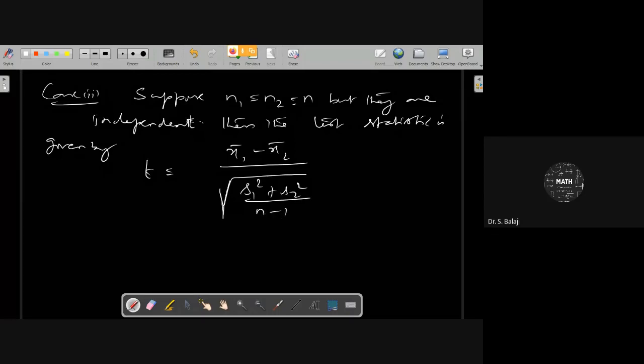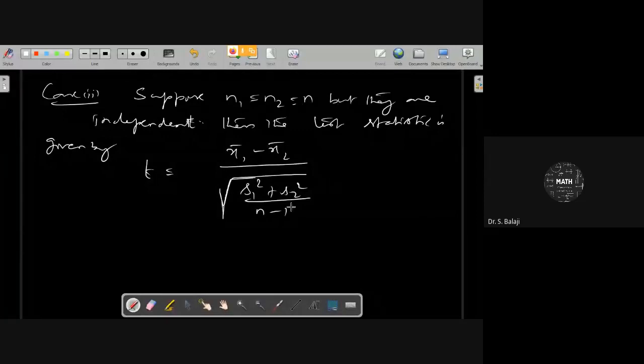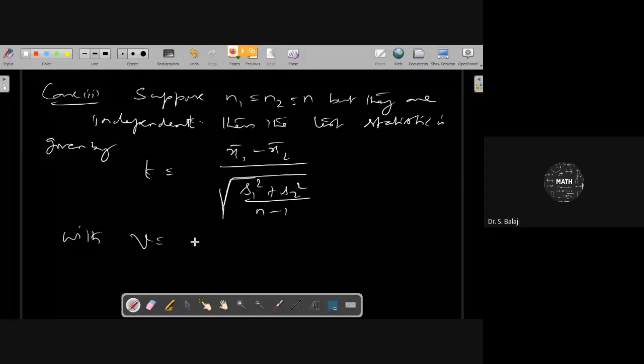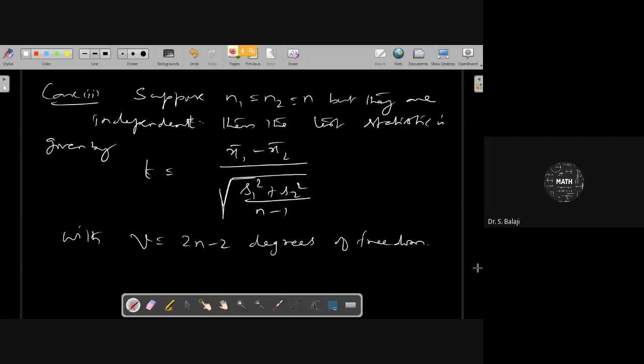If you substitute n1 equal to n2 equal to n in the previous formula, you get this result with v equal to 2n minus 2 degrees of freedom. And the third case is when they are equal and also dependent.